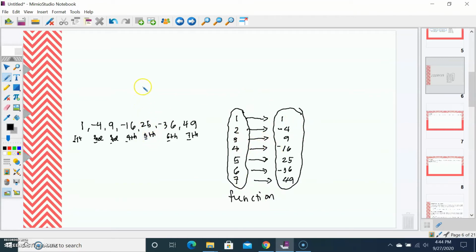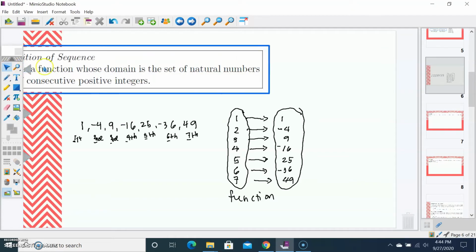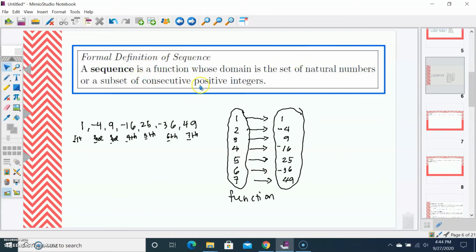Actually, we have a formal definition of a sequence, and that is: a sequence is a function whose domain is the set of natural numbers or a subset of consecutive positive integers. Just like what we have here.